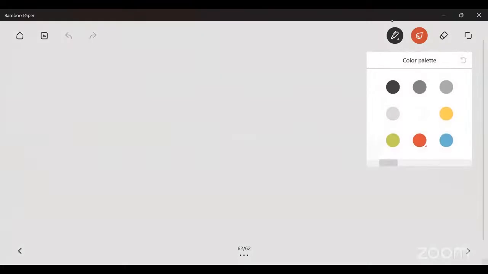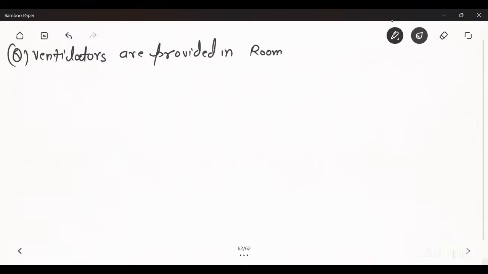Next previous year question is: ventilators are provided in rooms just below the roof.